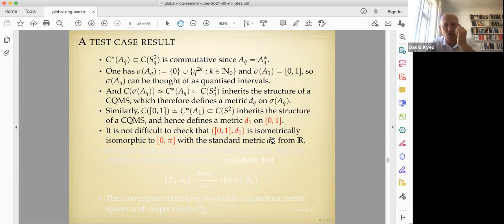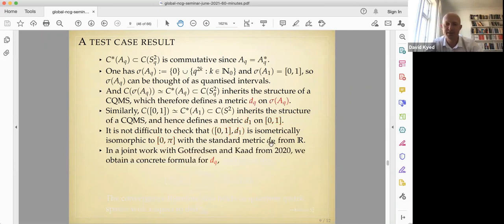And what is more complicated is to understand what this D_q metric is on the quantized intervals. And this is what we did together with Thomas Gotfredsen, Jens and I last year. So it turns out that you can actually write down a concrete formula for D_q. So given such two q powers, you get a certain sum of positive numbers, which is the metric.